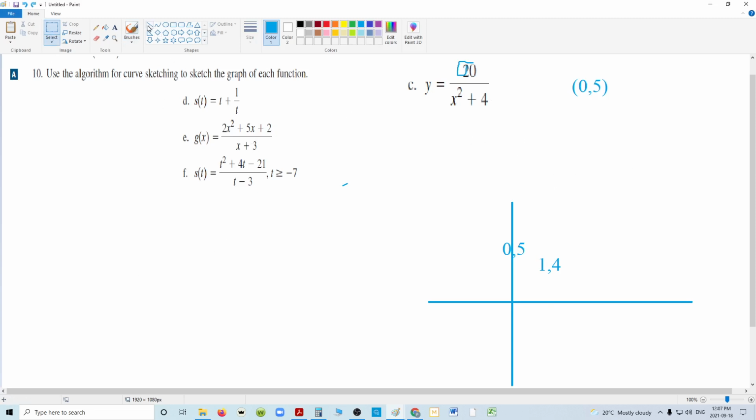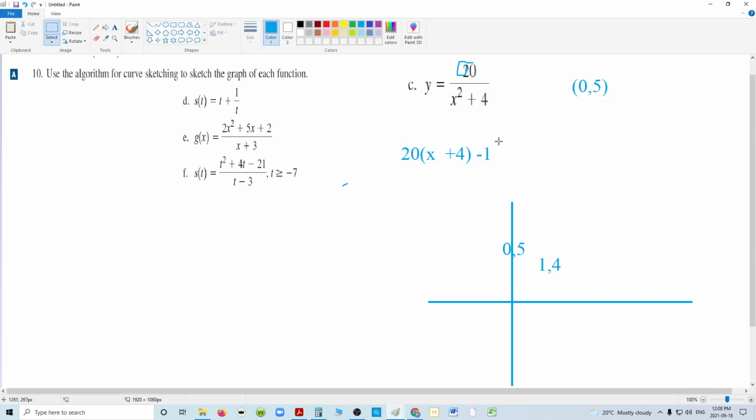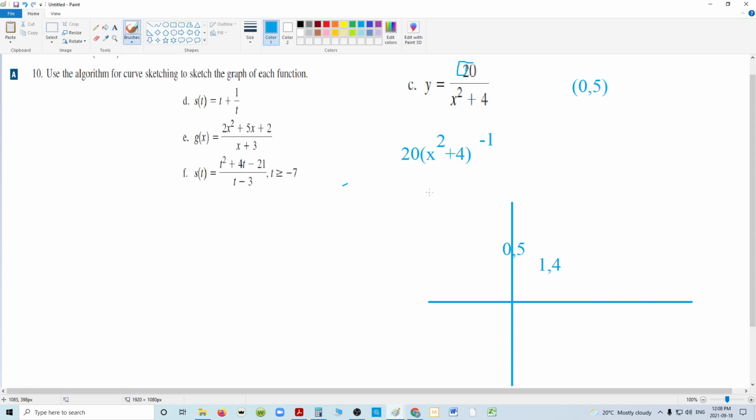This equation here is the same as 20 times (x squared plus 4) to the negative 1. It's the same thing. And don't forget that you have a squared here because it'll matter. Now, in the product quotient, you take the derivative of this times that.